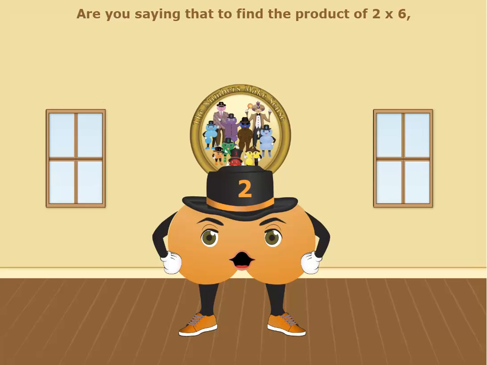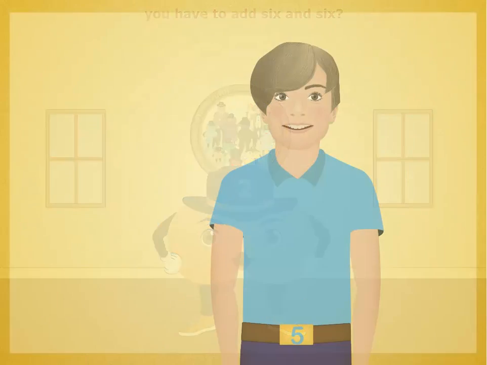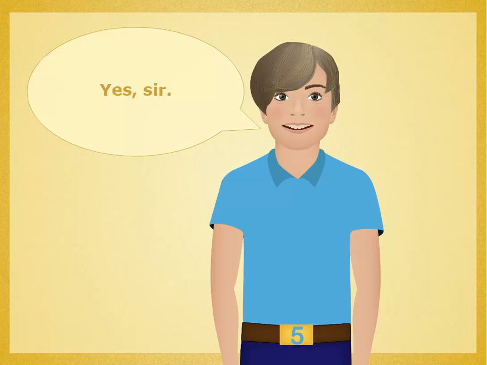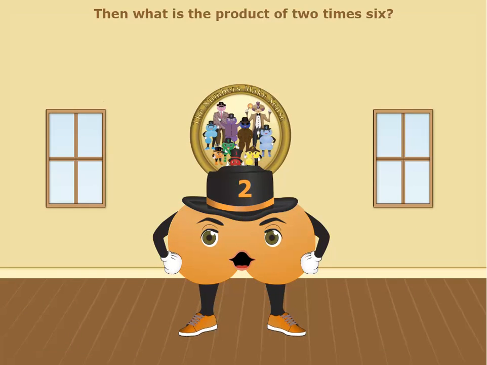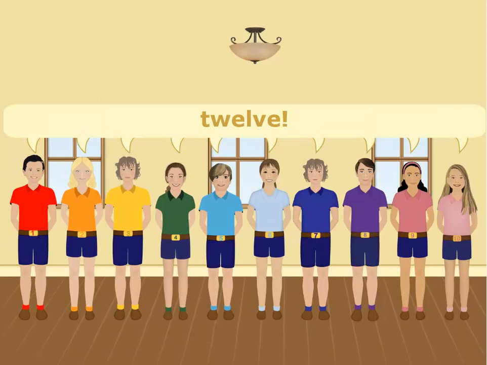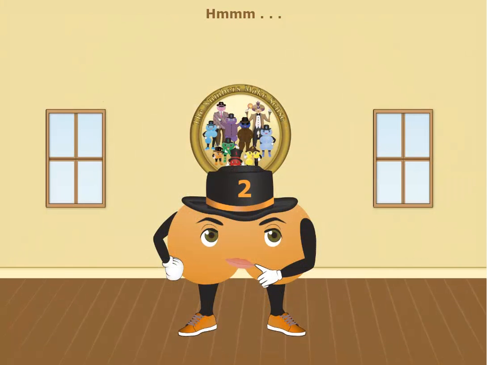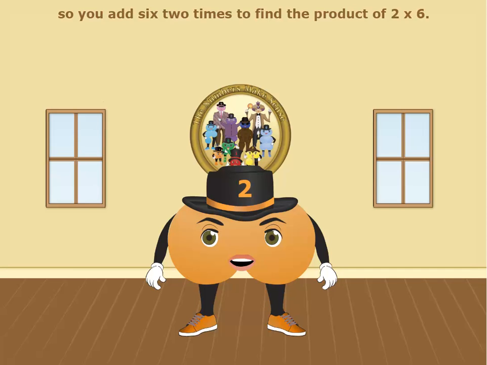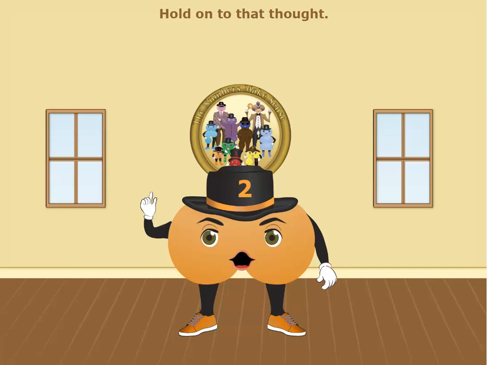Are you saying that to find the product of 2 times 6, you have to add 6 and 6? Yes, sir. Then what's the product of 2 times 6? 12. So you add 6 2 times to find the product of 2 times 6. Hold on to that thought.